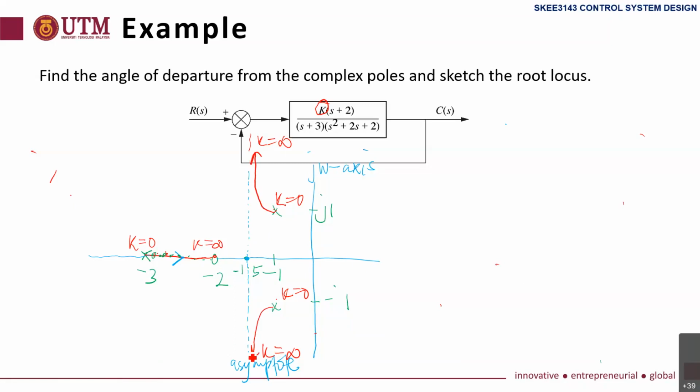Once we have rules number 1 until 7, now we look into rule number 8, the one that we discussed earlier. Rule number 8 is related to departure and arrival angle.